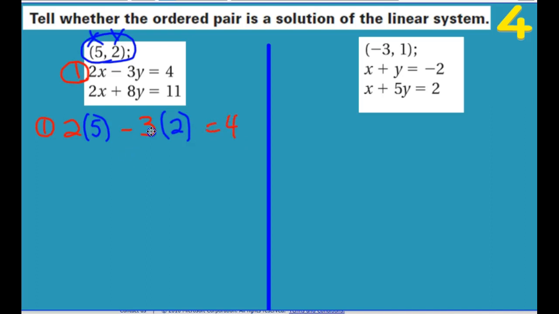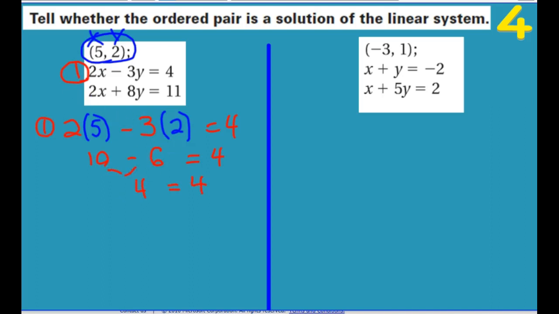Now if this works, our answer should come out to be 4. So 2 times 5 gives us 10. 3 times 2 gives us 6. 10 minus 6. If that equals 4, we know that this works. So 10 minus 6 equals 4. And 4 equals 4. So we know that the top one works.